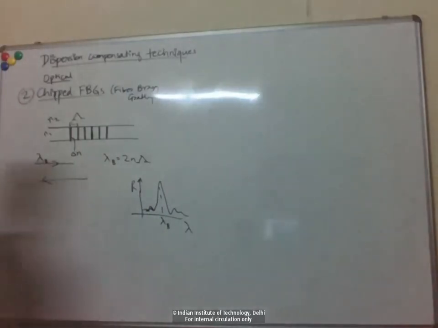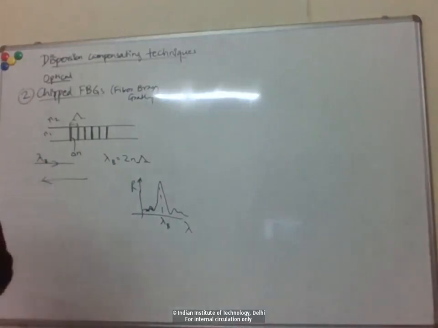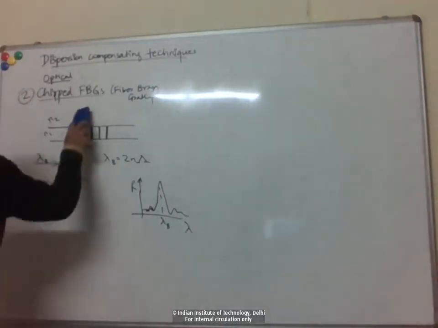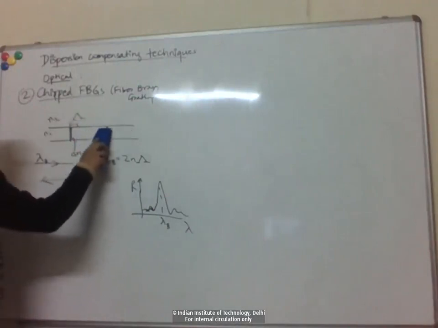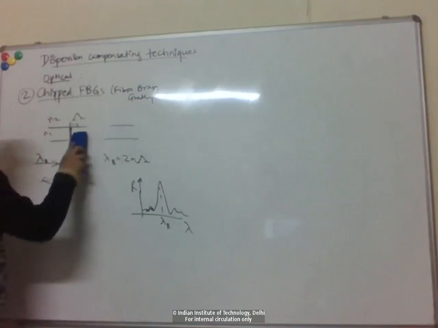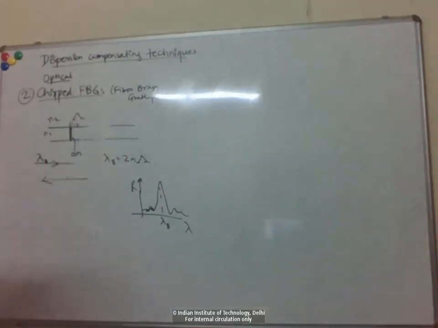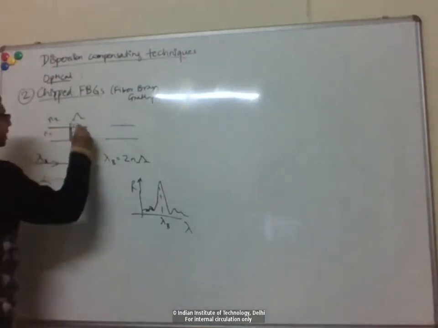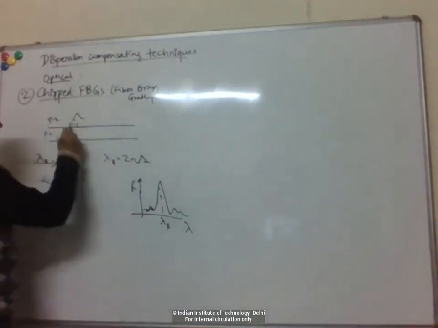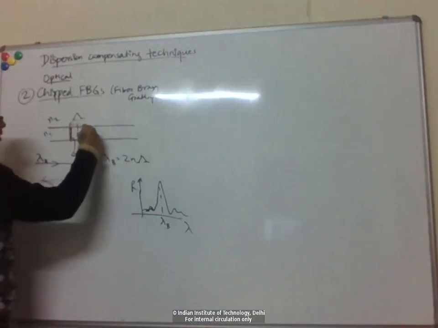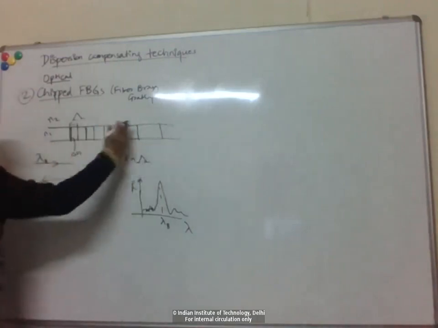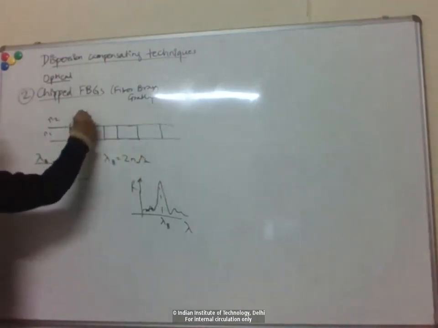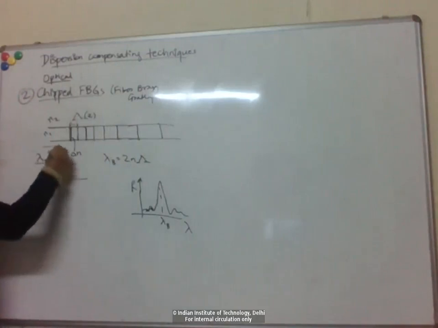So how do you use this for dispersion compensation? What we do is, instead of having a constant period here, we actually chirp the period. Chirp, like when we were discussing chirped pulses, there the frequency was varying with time. Here we vary the period with distance, so now this is a function of z, where z is the propagation direction.